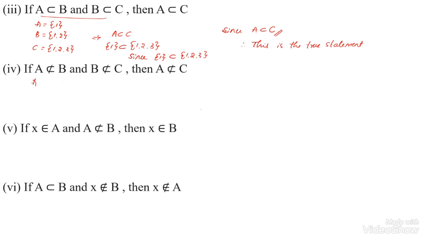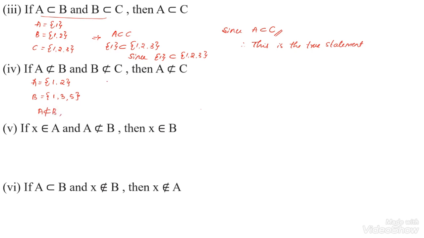Let us consider one example. A is a set containing the elements 1, 2, and B is a set containing the elements 1, 3, 5. Here both sets contain different elements. That's why A is not a subset of B.